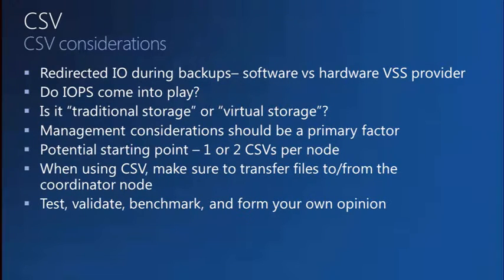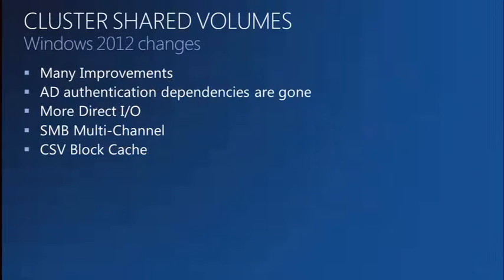So we found that having 300 CSVs in a cluster, when you could only have five, managed much more efficiently than 300. So that's sort of the model that we've rested in. But the thing that I would say around that is test, validate, benchmark, and form your own opinion when it comes to CSVs. However, in 2012, most of the things that you've had to worry about that we've just been discussing pretty much go away.